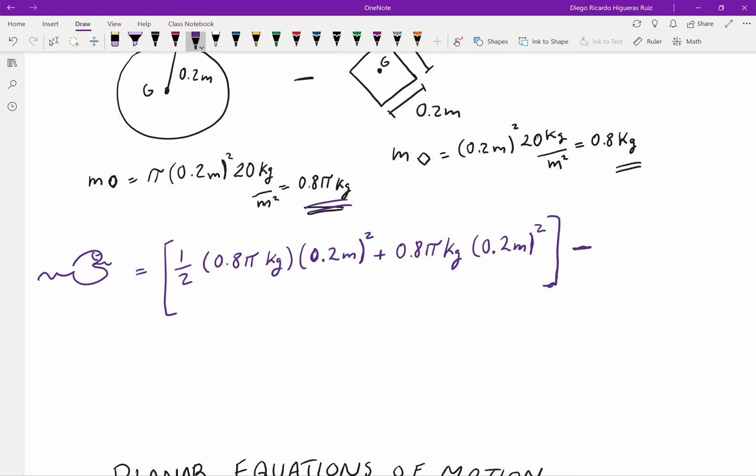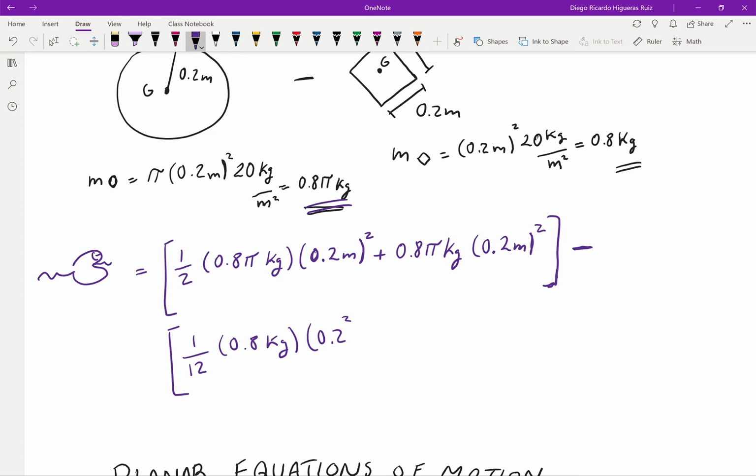Now we need to subtract the mass moment of inertia of the square times the mass.